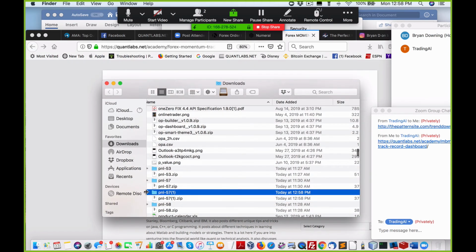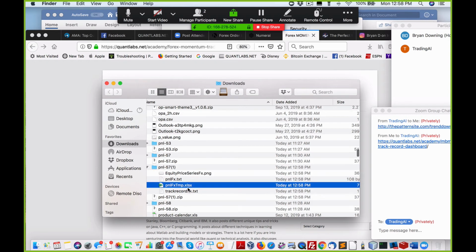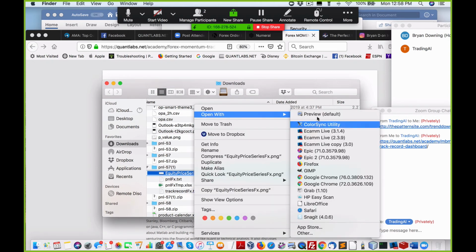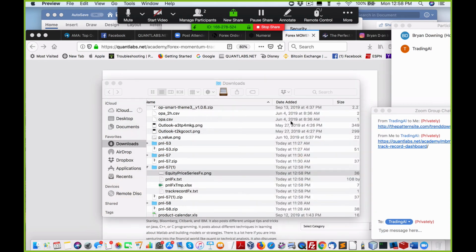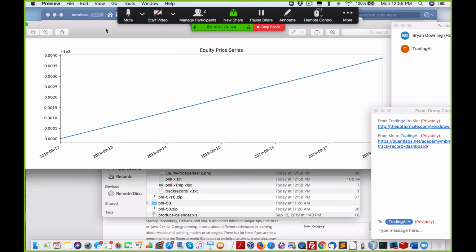Let me show you that. Remember, I've only been tracking it for about a week, so there's not much on it. But here is the equity curve for the Forex. What you want to see is just a steady trend up. As long as that trend is up, it's good to go.